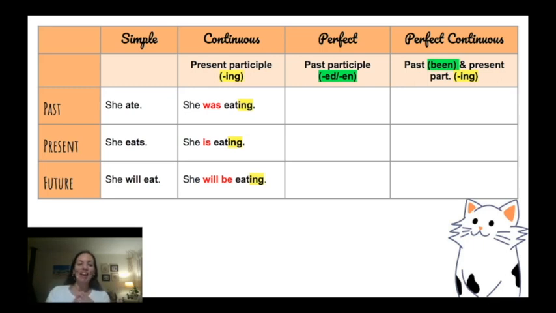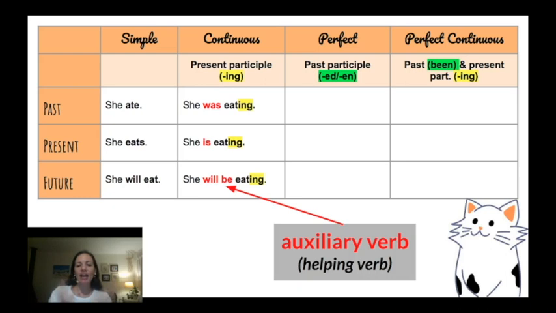So there I've used the auxiliary verbs of is, was, and will be to show you the shift in tense from present, past to future. But eating stays the same. It's the auxiliary verbs, the helping verbs, that are actually shifting that tense up and down.